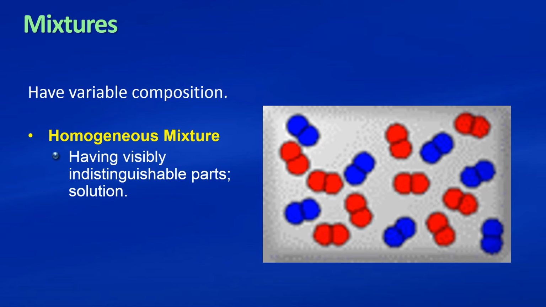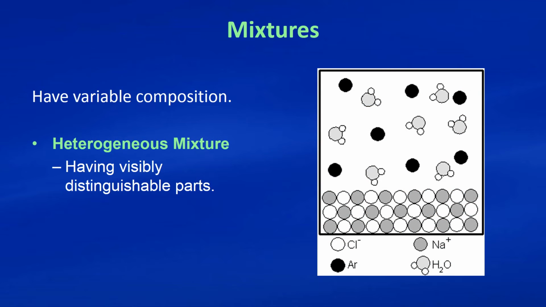I mean, it looks like a substance. You can't actually see the different parts. A heterogeneous mixture has different parts that you can clearly see. Pizza is a great example of a heterogeneous mixture, whereas Kool-Aid is an excellent example of a homogeneous mixture.